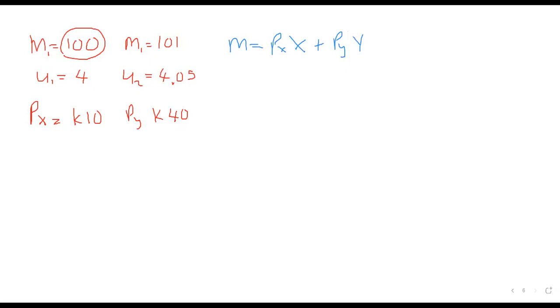Our M is 100. The price of X, PX, is 10 kwacha. And the price of Y is 40. Excellent. So here we're going to put 100. The price of X is what? 10. The price of Y is what? 40.